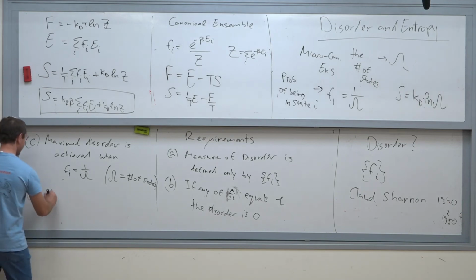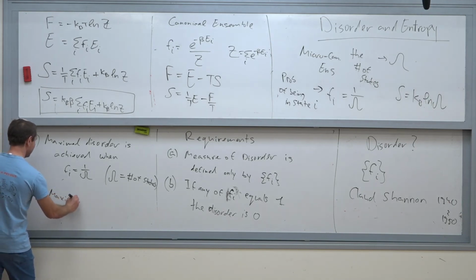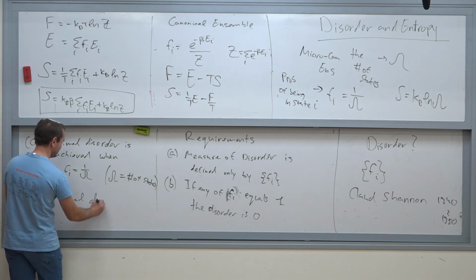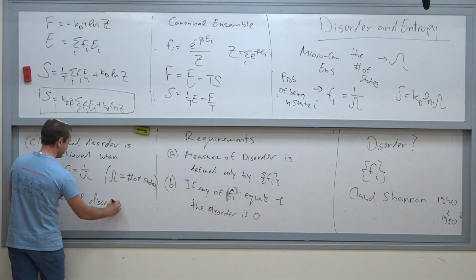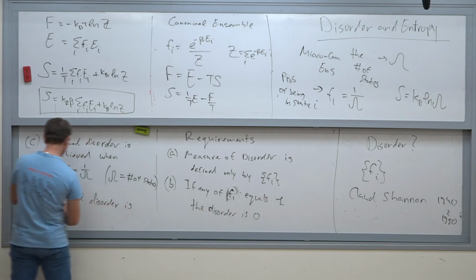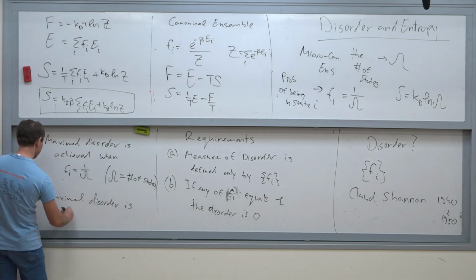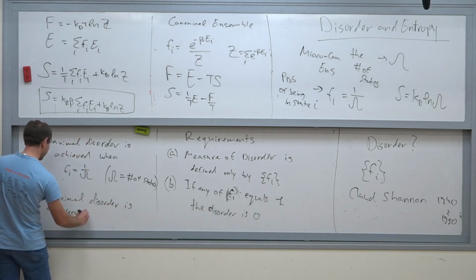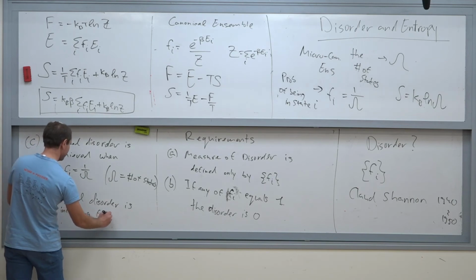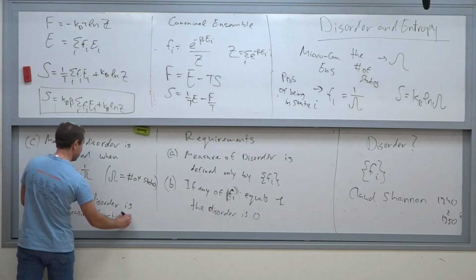D, the maximal disorder is an increasing function of omega.